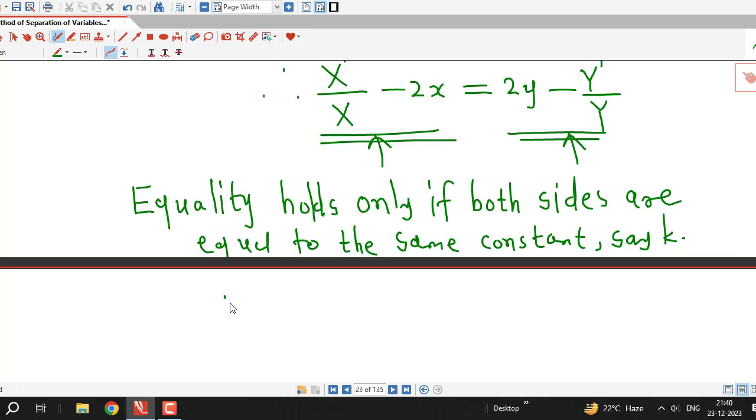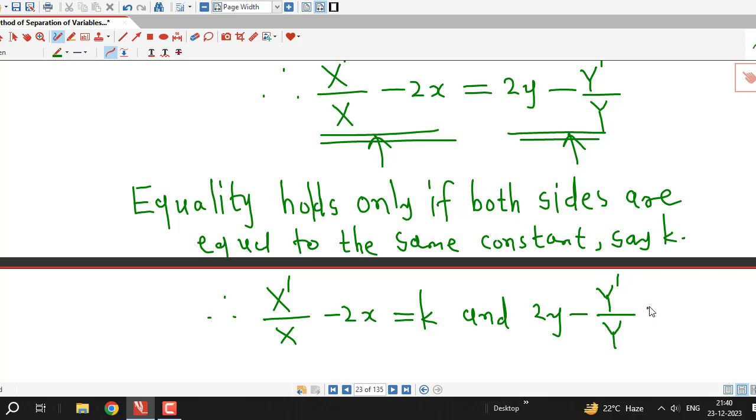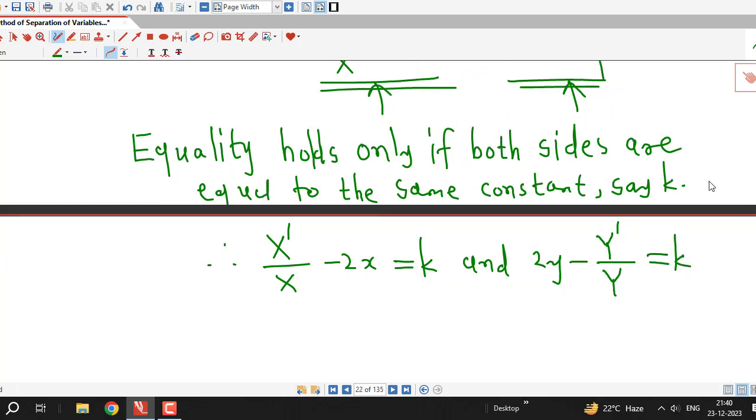Therefore, we write X dash over X minus 2x is equal to small k, and both sides are equal to the same constant. Therefore, 2y minus Y dash over Y is equal to small k.